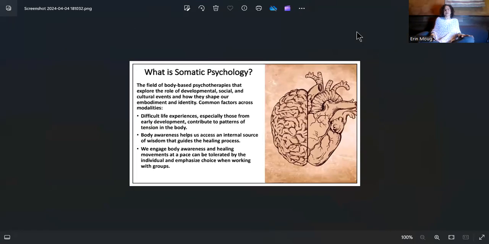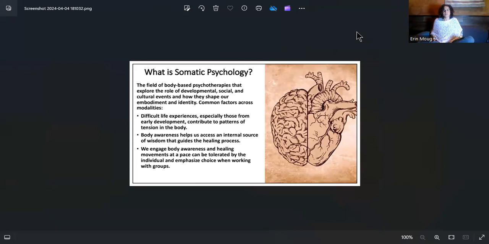So what is somatic psychology? It's the field of body-based psychotherapies that explore the role of developmental, social, and cultural events and how they shape our embodiment and identity. So common factors across modalities. Difficult life experiences, especially those from early development, contribute to patterns of tension in the body.